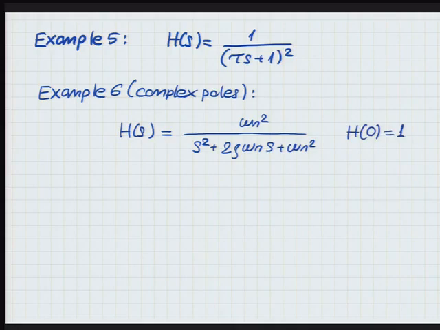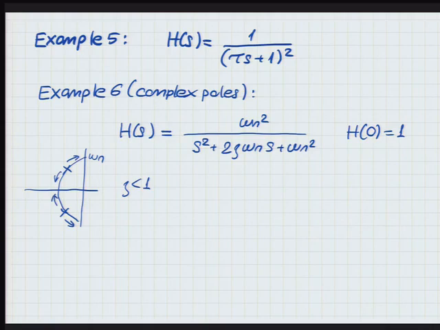When you set s equal to 0, it's omega n squared by omega n squared, so it's just 1. So we discussed that last time. The poles, or we intended to discuss that last time, I guess, are on the semicircle with radius omega n. They are complex conjugate when zeta is less than 1. As zeta becomes smaller, they go closer to the imaginary axis. As zeta comes closer to 1, they come closer to the real axis.